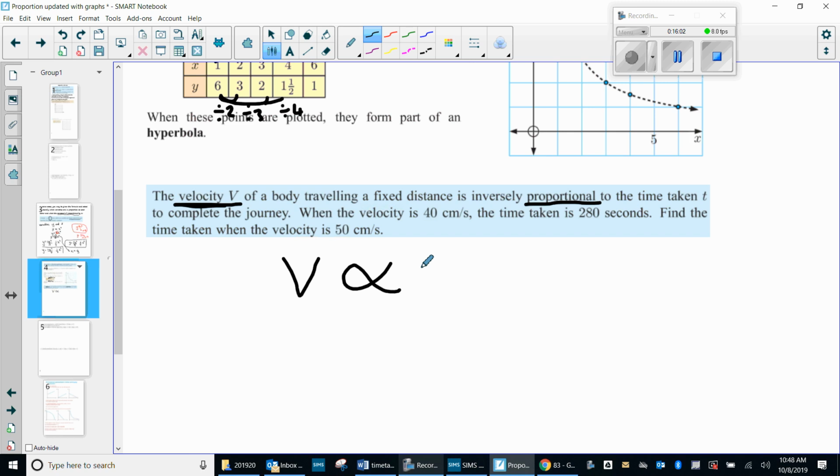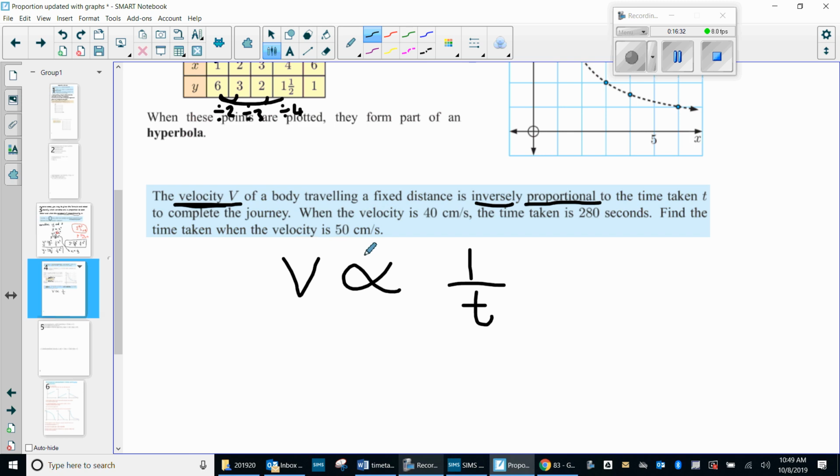But it's inversely proportional, so what we do is we say 1 over the time taken. If something was directly proportional, we would just say v is proportional to t. But because this is inversely proportional, we write 1 over t.